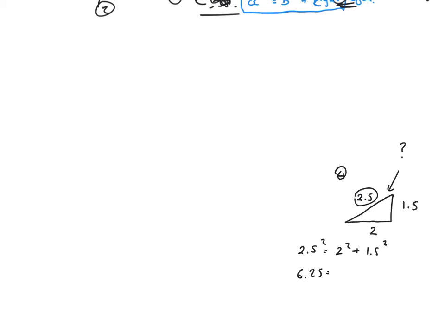You'll need to calculate with that. 2 squared is 4 and 1.5 squared is 2.25. That gives me 6.25 is equal to 6.25. LHS, left-hand side, is equal to right-hand side. Therefore, the triangle is right-angled.